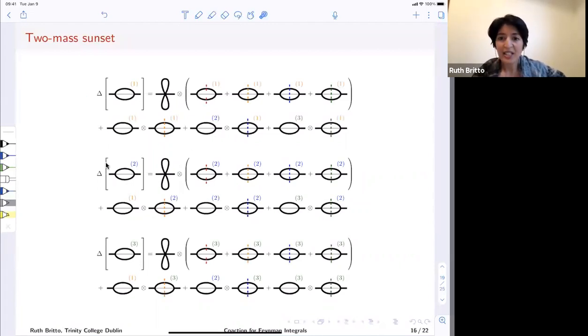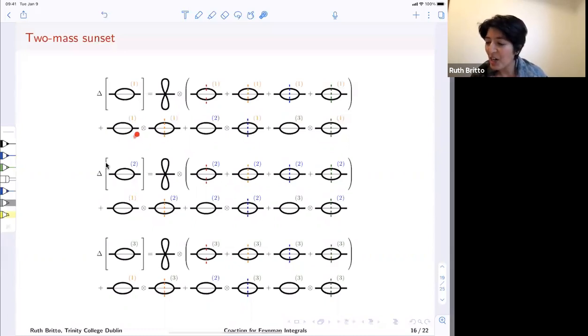We can see, just as for one-loop coactions, that we have terms related by pinching propagators, as well as all the masters and their dual cuts. I haven't fully reviewed the one-loop coaction, but just as there, when you pinched propagators, you could get what we call the deformation terms.